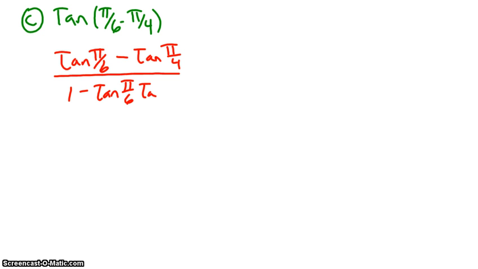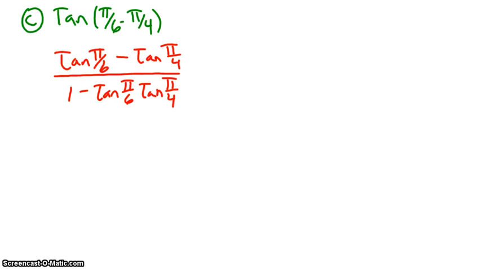And so we get 1 minus tan of pi over 6 times tan pi over 4. Now we're back to substitution. So our first substitution was simply putting this into our formula, and now we'll work the problem out.